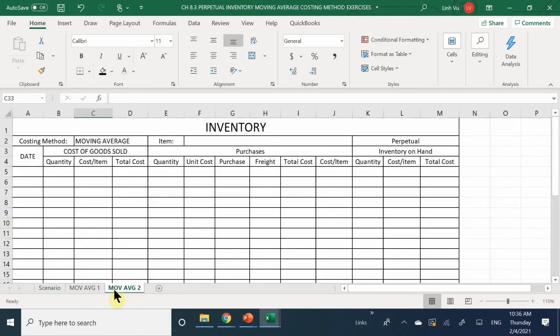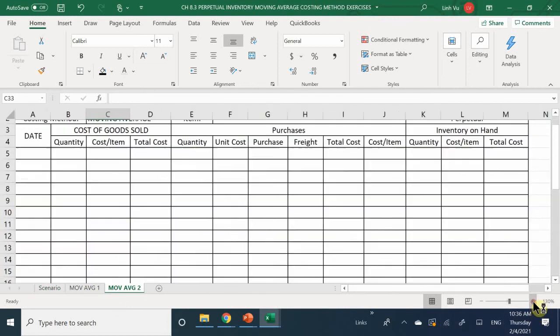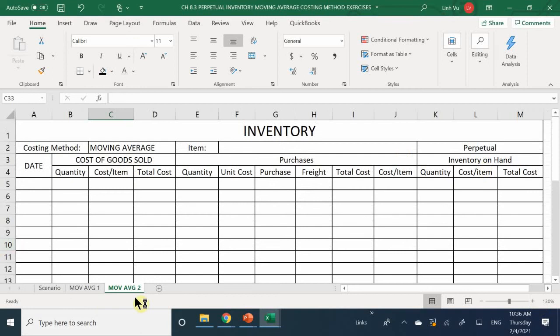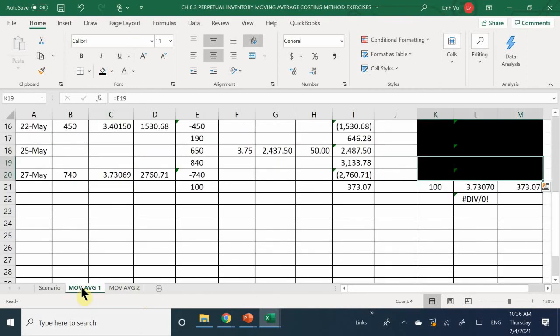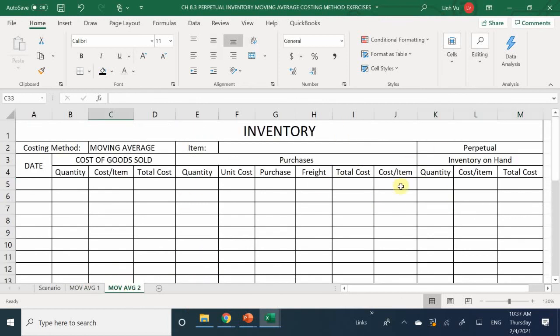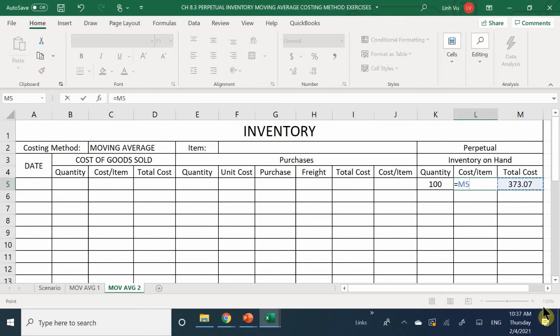So let's go ahead and take that information and place it into the new worksheet, because we're starting the worksheet for June. So let me go to my second worksheet. I know that my inventory on hand is 100 items, costing me $373.07. So again, my formula here is going to be my total cost divided by my quantity.